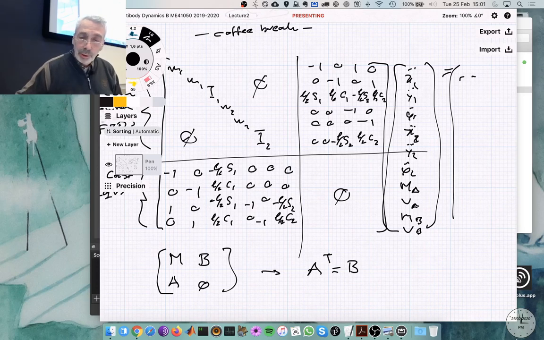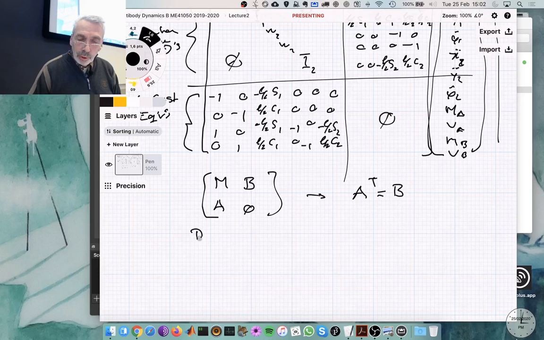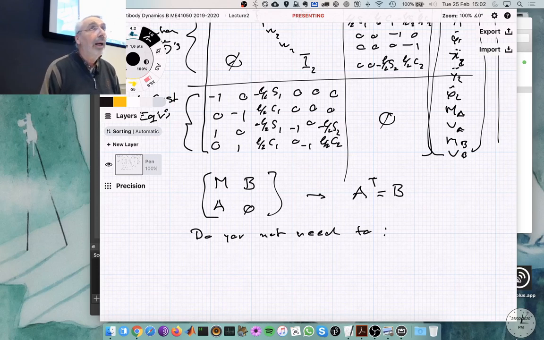But that opens a huge opportunity. If you follow that scheme, what do you do? What's not needed to do? Differentiate? No, we're going to do this. We differentiate this, we write this down, but then we flip it and just put it here.